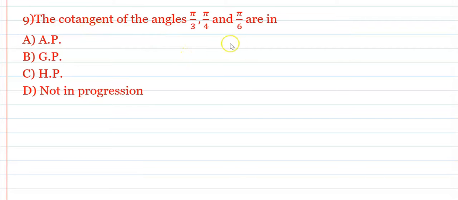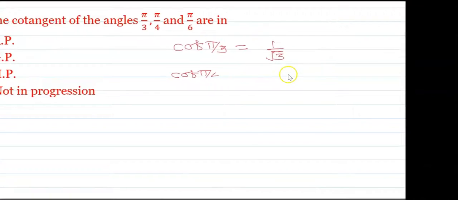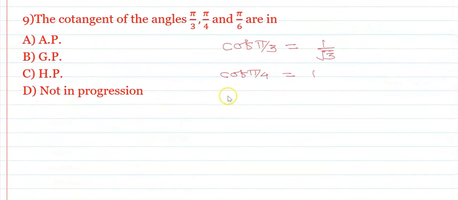Cot of pi by 3 is equal to 1 upon root 3. Cot of pi by 4 is equal to 1. Next, cot of pi by 6 is equal to root 3.